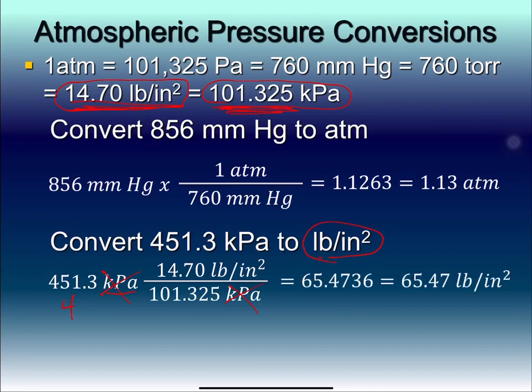This here is 4 sig figs, and because I need to round my answer to 4 sig figs, that's what I did here. Notice here I went to 6 sig figs, because if I had to use this number for another calculation, I want to go 2 past the 4 that I would normally round to.